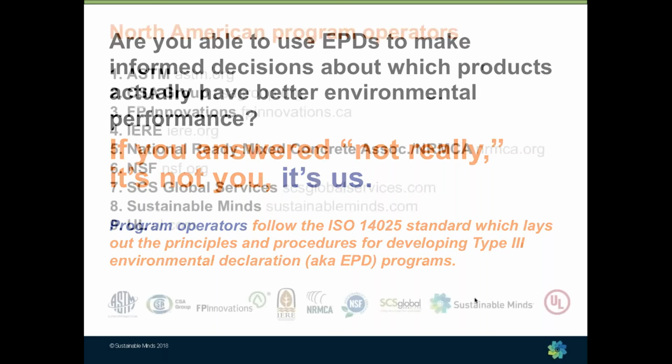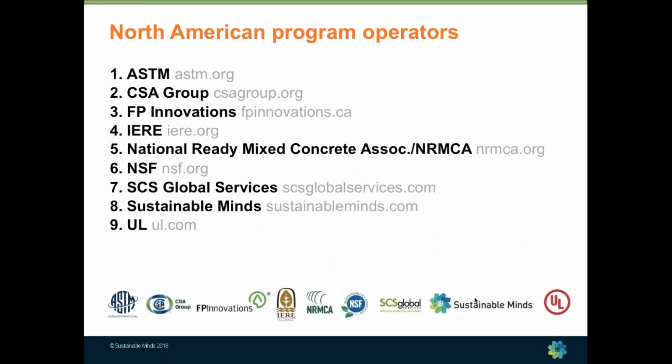So I'm going to tell you a little bit about Sustainable Minds' journey, how we became a program operator. But when I show you, there are currently 9 program operators running EPD programs in North America. It's a mixed bag, really, of types of organizations who have chosen to become program operators.